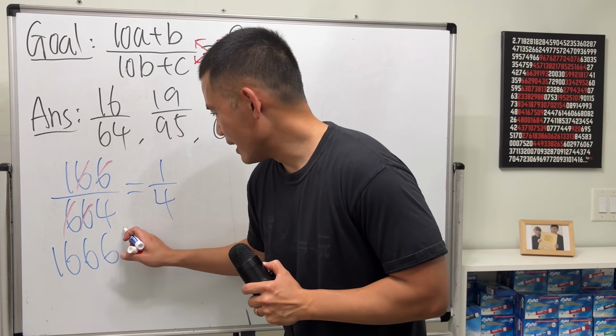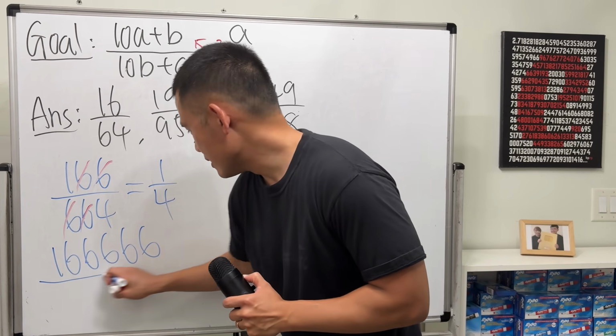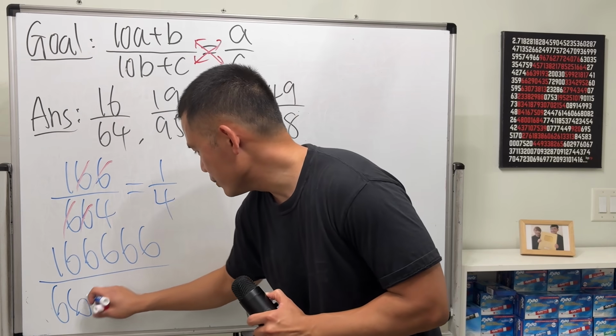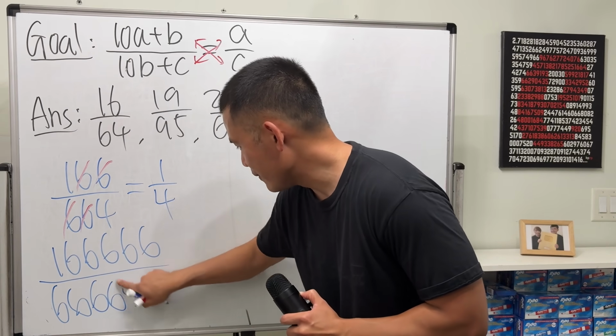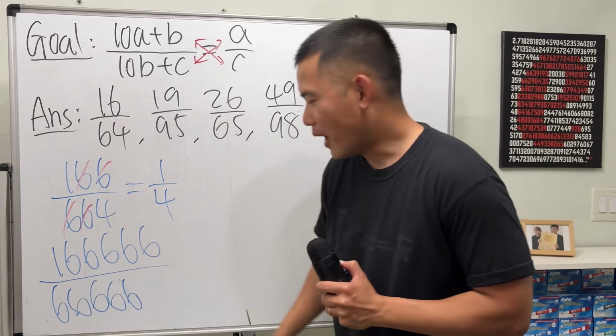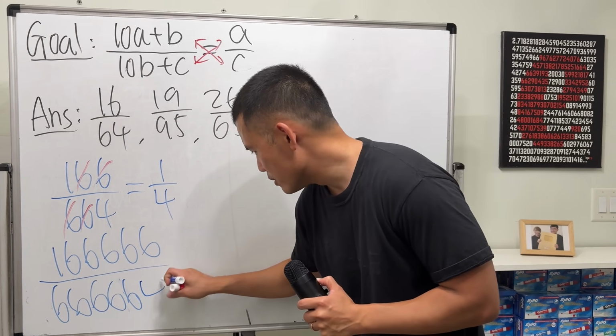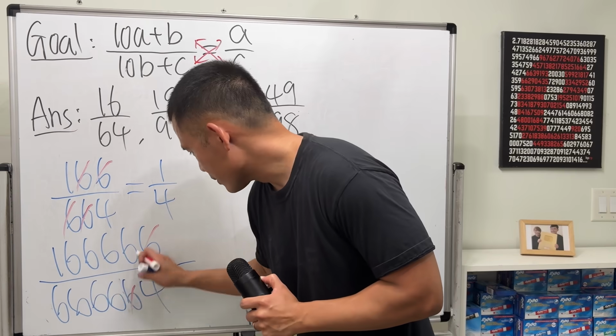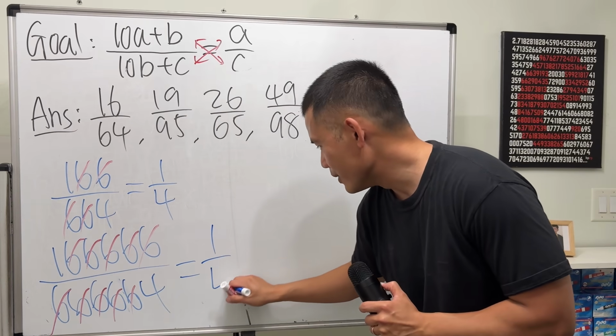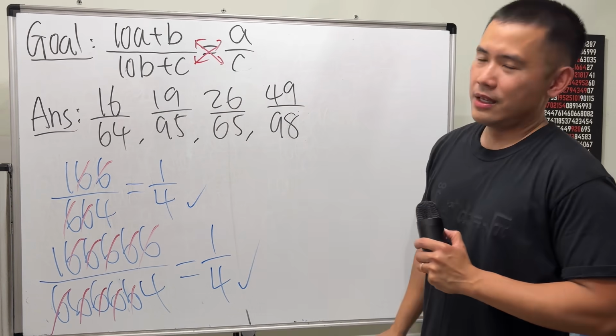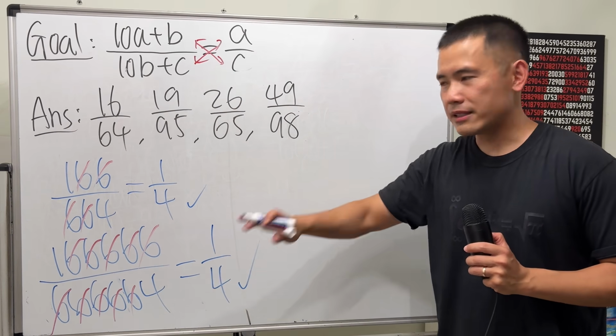Let's put down like, I don't know, how many, there's 5 of them. So 1, 2, 3, 4, 5. It's hard to say 5 and then try to write 6. But anyways, ready? Cancel. And this is still equal to 1 over 4. They work, but don't do this.